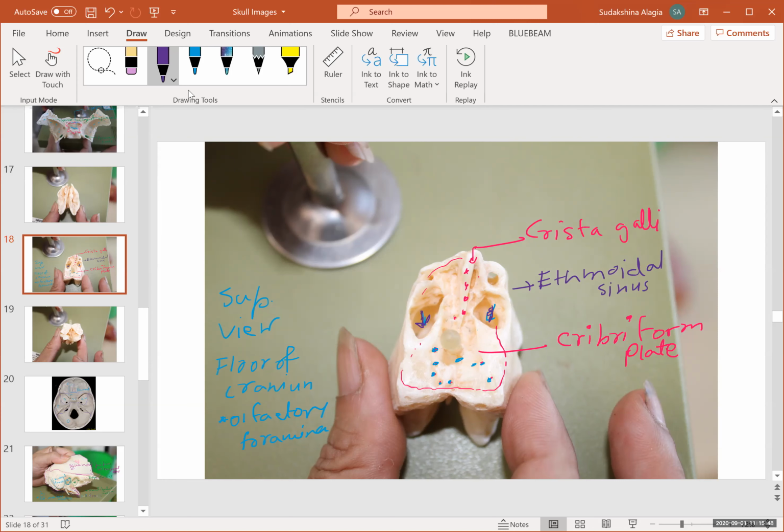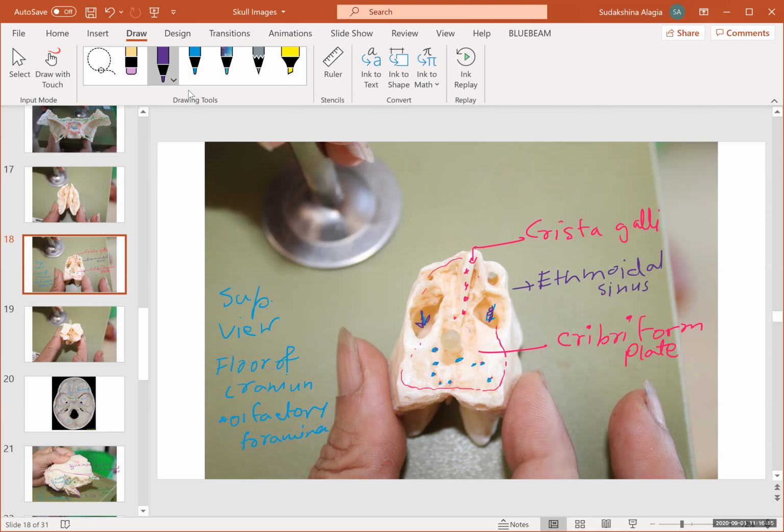Sphenoidal sinus, the cavity within the sphenoid bone. Maxillary sinus, the cavity within the maxillary bone. So certain bones within the cranium are not solid. They have cavities within, and those cavities are sinuses. Sinuses are named according to which bone houses them.